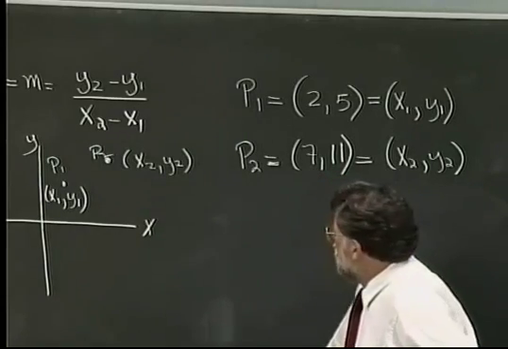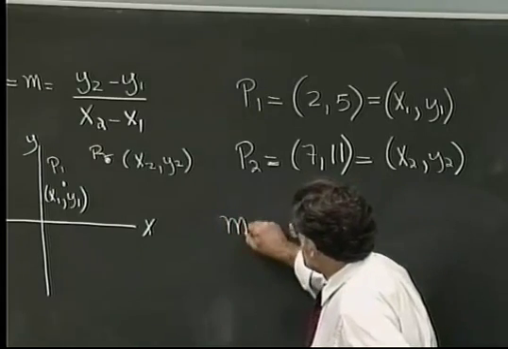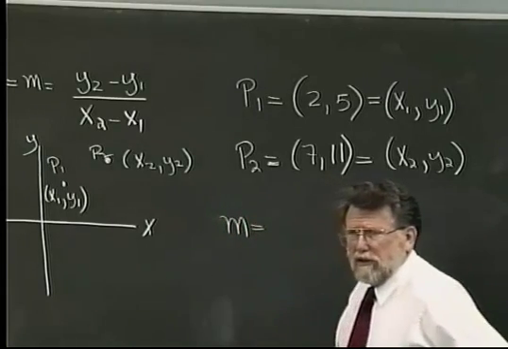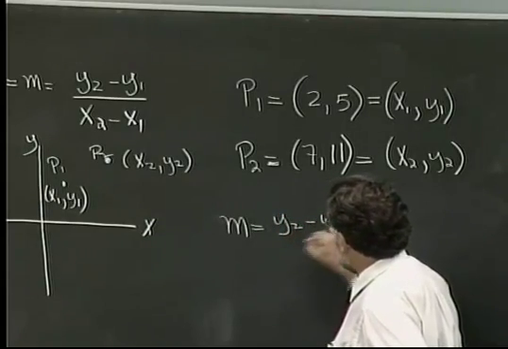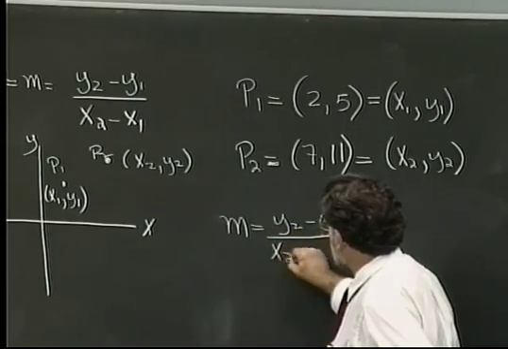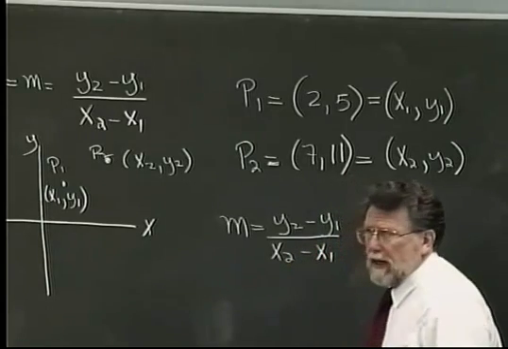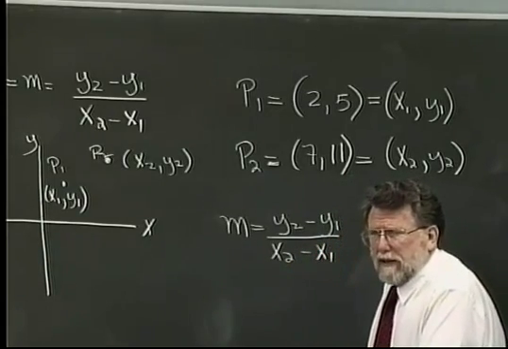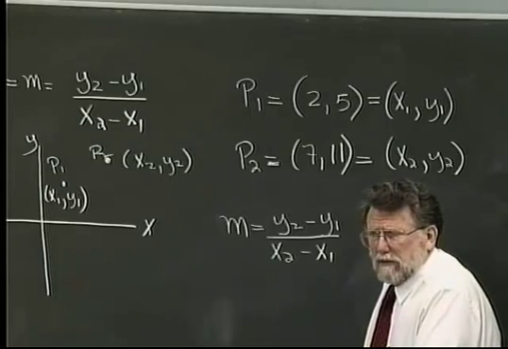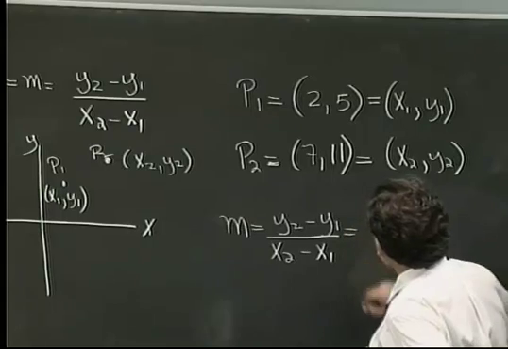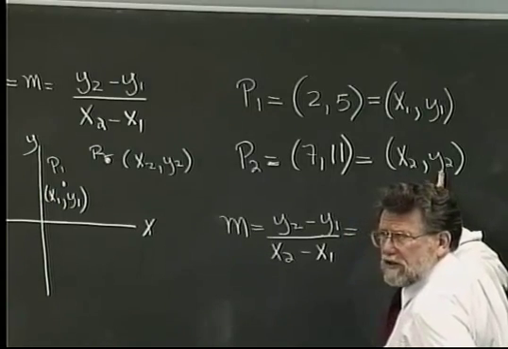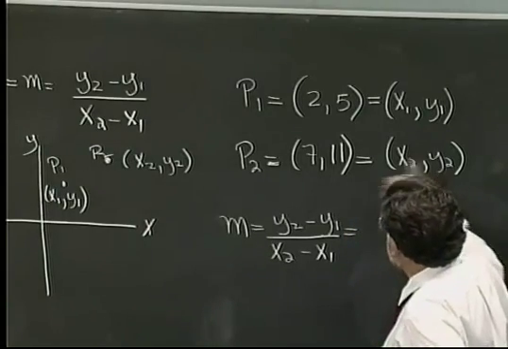Now, once you have your equation, what I'm asking you to do is to write the equation in which you write y sub 2 minus y sub 1 over x sub 2 minus x sub 1. And I then expect you to substitute. So if I then substitute in this problem, all I have to do is look to see what was y sub 2.